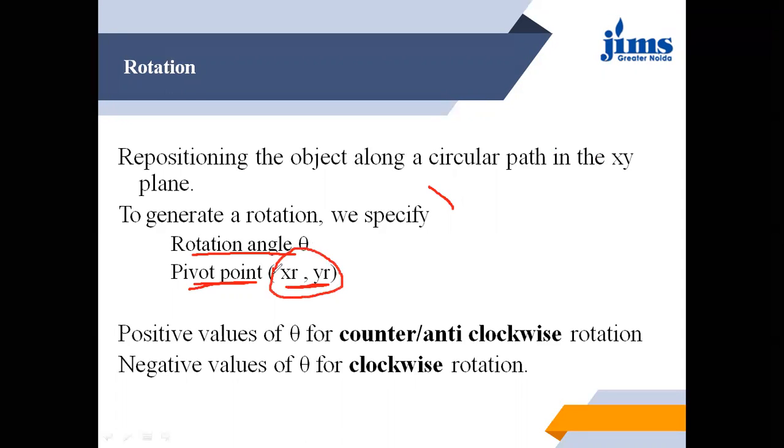This is the pivot point. That shows the rotation point, the fixed point of the rotation.